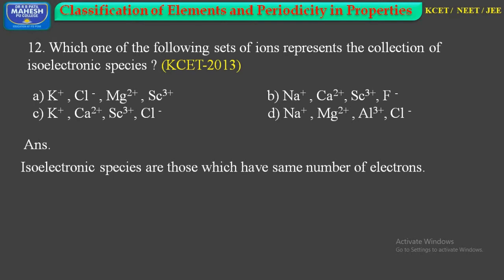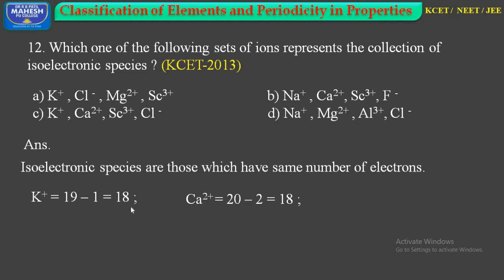With this, let us first calculate the number of electrons present in potassium cation. In case of potassium, students, with atomic number 19, for the formation of +1 charge, 1 electron is lost. So 19 minus 1, we get 18 electrons.